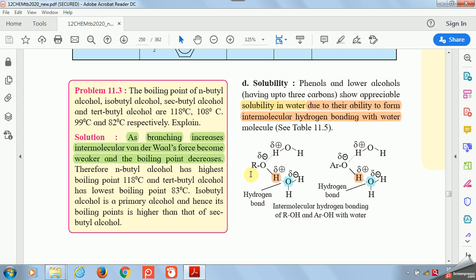If you observe the higher carbon alcohols, the size of the alkyl group R attached to OH goes on increasing, so that interferes in the hydrogen bonding. So they do not form hydrogen bonding, and they are not soluble in water, or are very less soluble in water. Such a type of hydrogen bonding we can observe in the lower members of alcohol and in the case of phenol also.